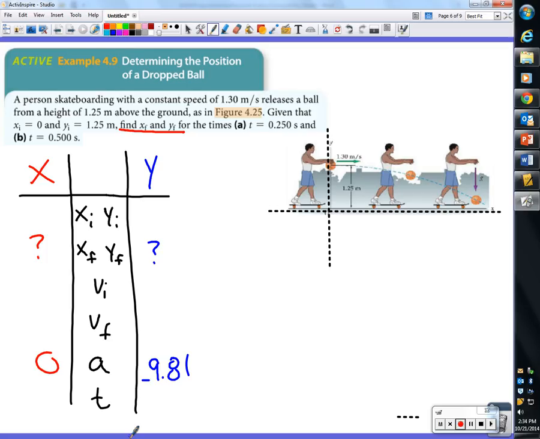Now, let's go up in here and start pulling out some information, other things that will help us as we fill in this chart. Because this chart is going to determine how we're going to get to the final answer that we're looking for. There's a couple of things that they made totally obvious for us, right? X initial is 0. Y initial is 1.25.